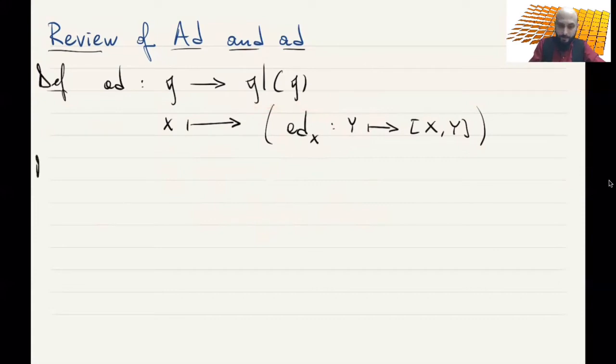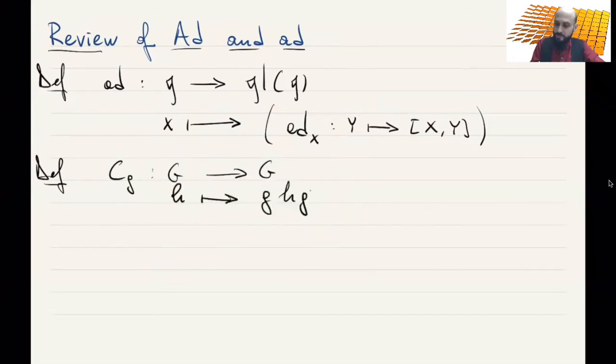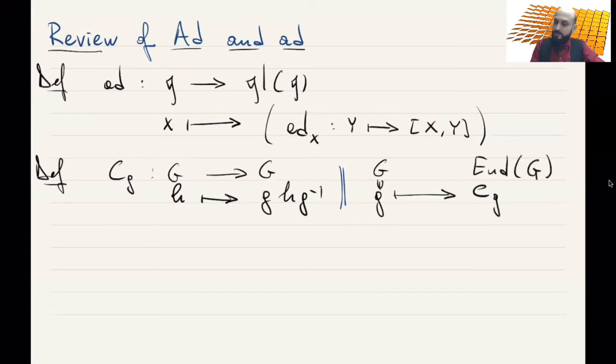Then, we have the conjugation map, that to every g associates C_g, which sends h to g h g^{-1}. I make you notice that the map that to every g associates C_g is an endomorphism of G. I mean, the inverse is the conjugation by g^{-1}.